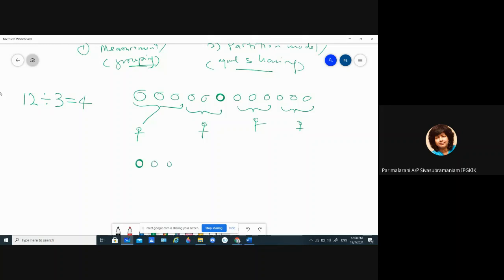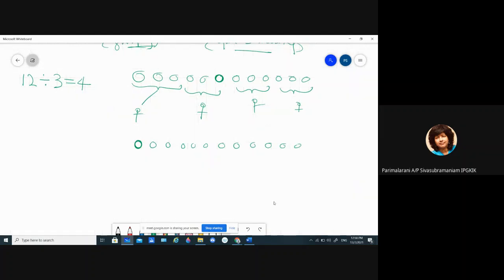If you had 12 sweets and I want to give them to 4 children equally, how many sweets does each child get? So I want to give to 4 children.